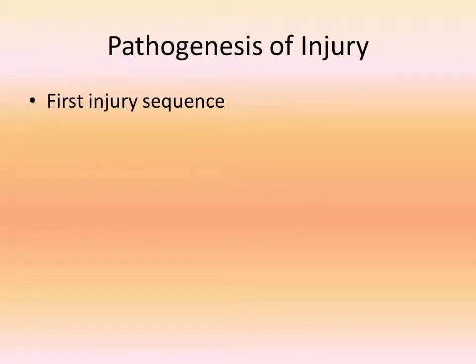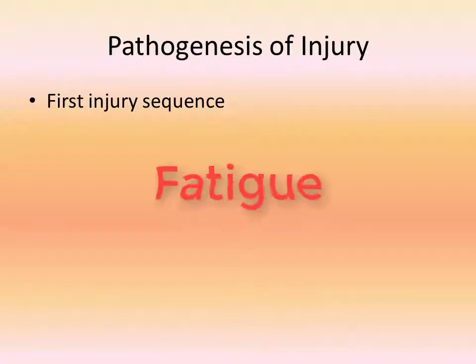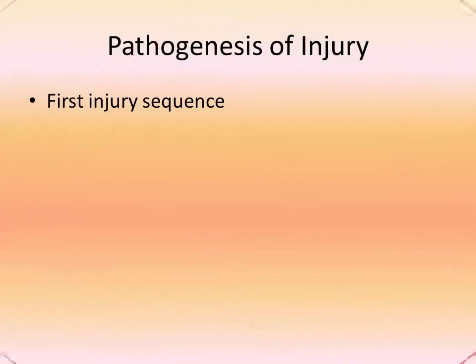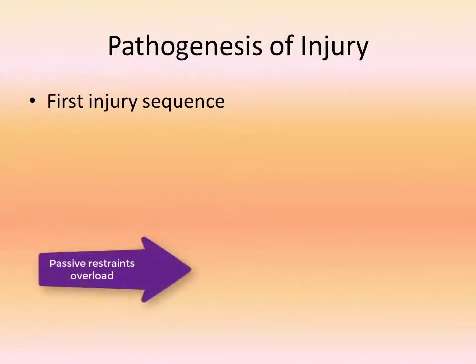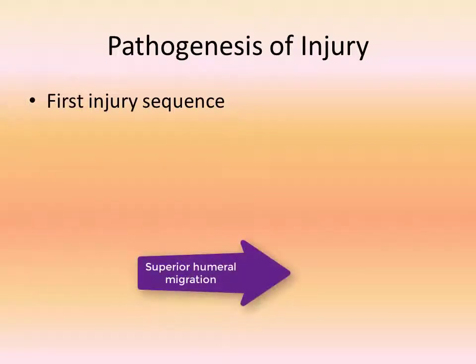When we look at the pathogenesis of rotator cuff injuries, understand that there are different injury mechanisms in younger versus older athletes. A first injury sequence occurs because of fatigue, and that fatigue is usually going to be due to overuse. When you have fatigue, you have an overload of passive restraints and superior migration of the humeral head into the suprahumeral space.